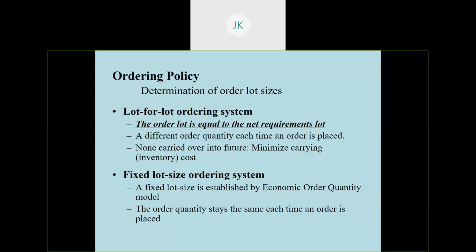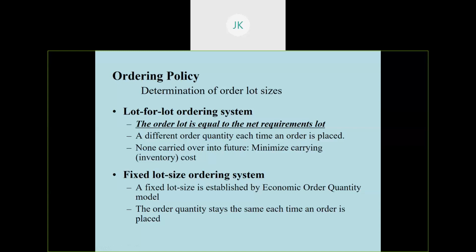So if we use the lot-for-lot ordering system, we order only the net requirement. Then we can minimize inventory level and inventory cost, because we order just what we need.